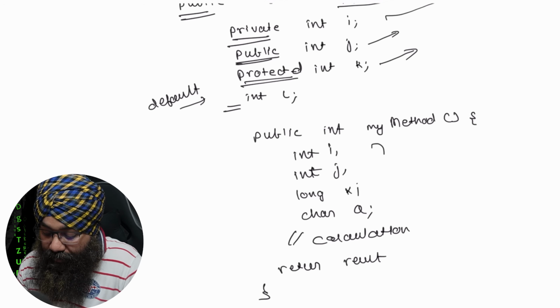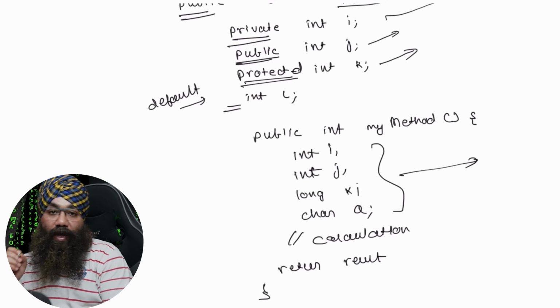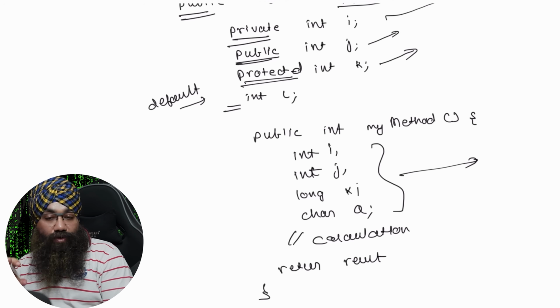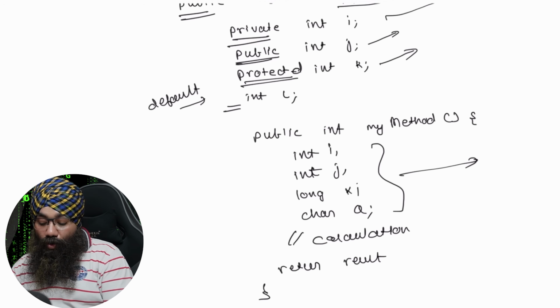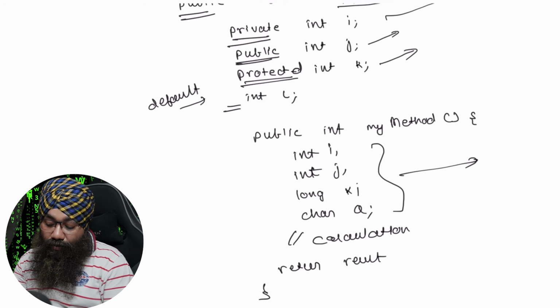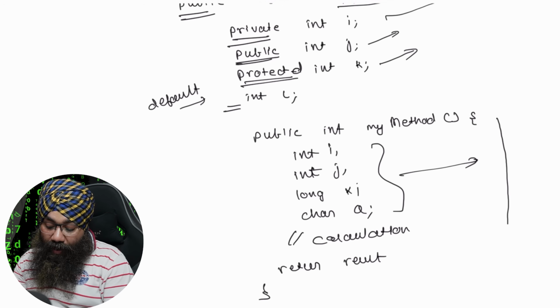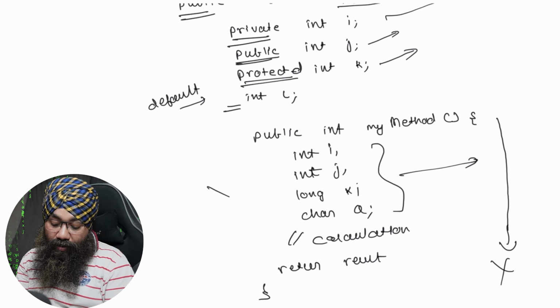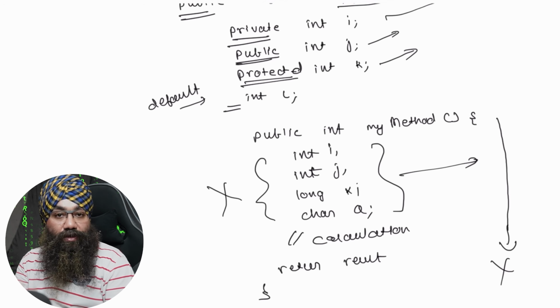But there is no need to define access visibility for these variables, because they will never be accessible outside this method. They will only come into existence, or their birth will happen, when this method is executed. And as soon as this method execution completes, they will die out. There will be no existence of these variables.